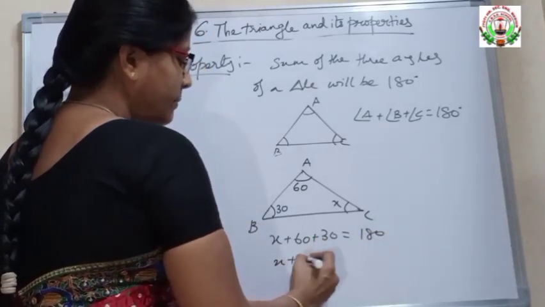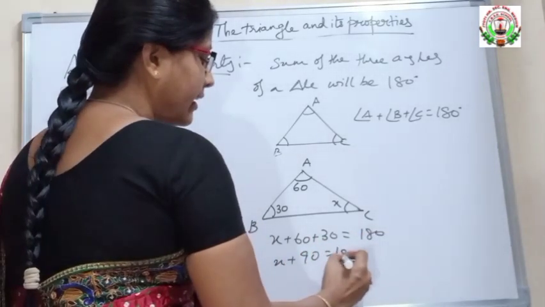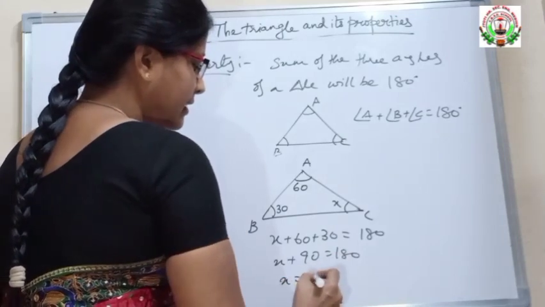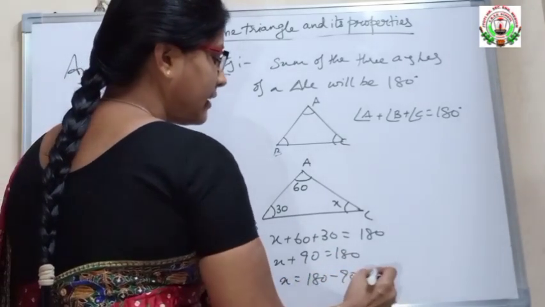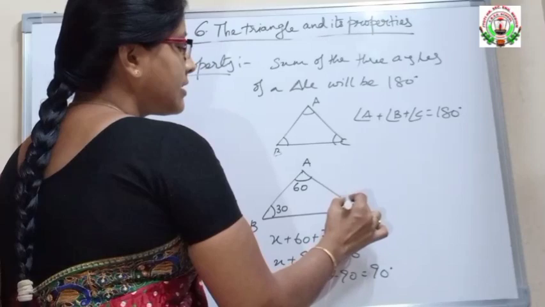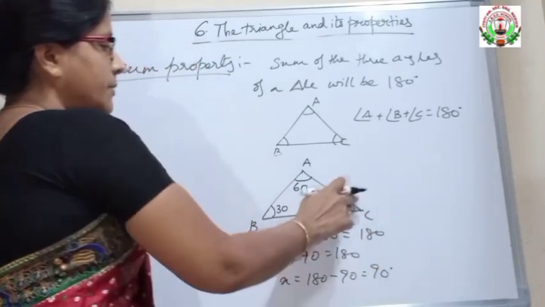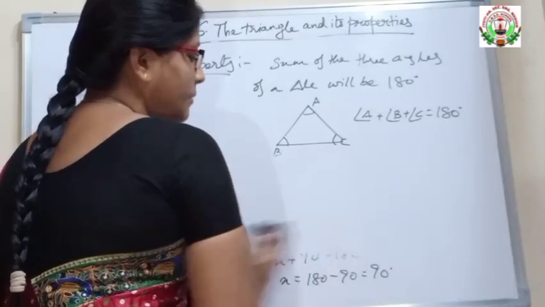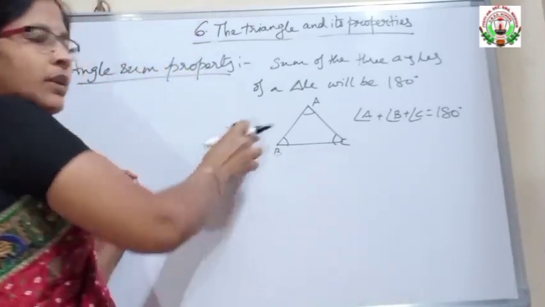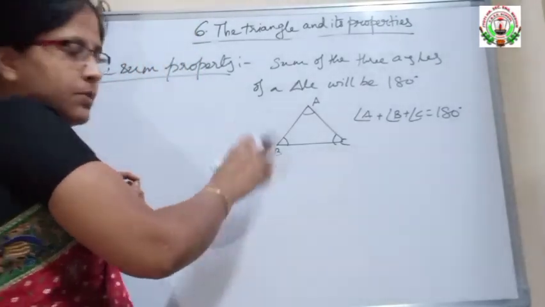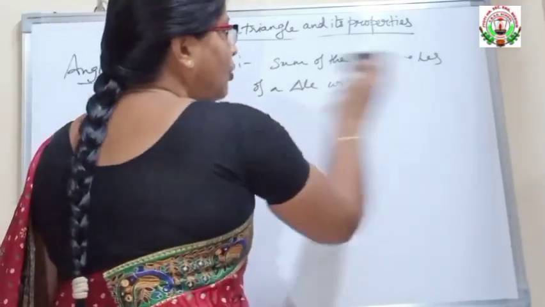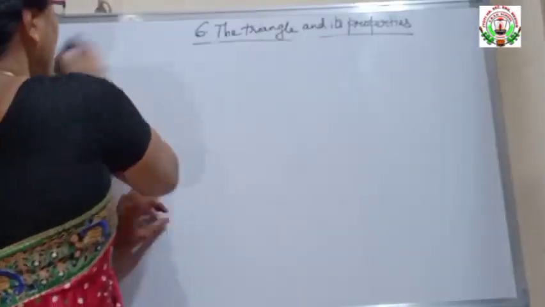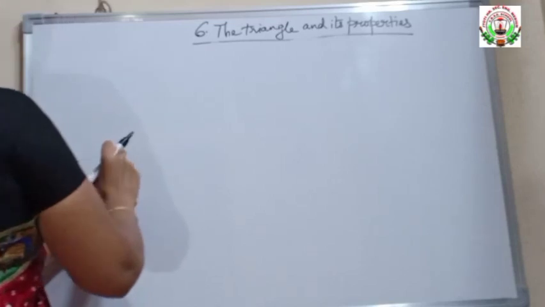So X plus 90 is 180, and X is 180 minus 90, that is 90 degrees. So this angle is 90 degrees. In this way, we use the angle sum property to find the unknown angle. So, starting with our exercise 6.3.